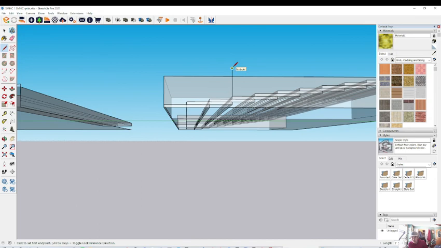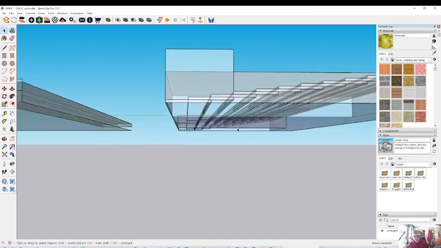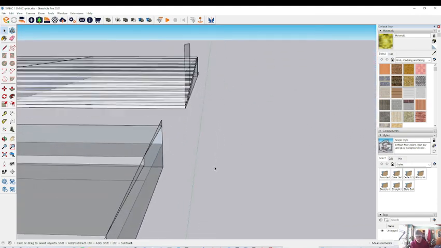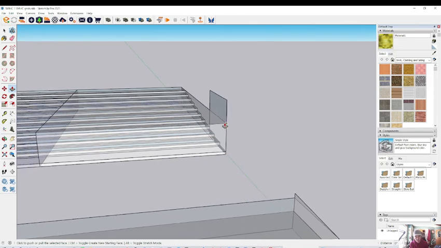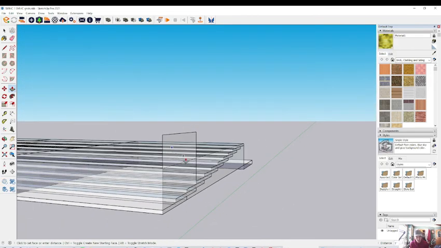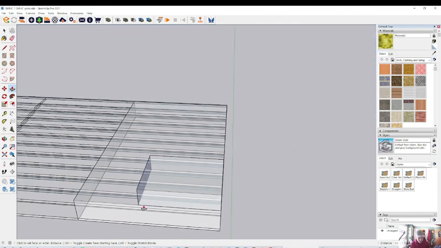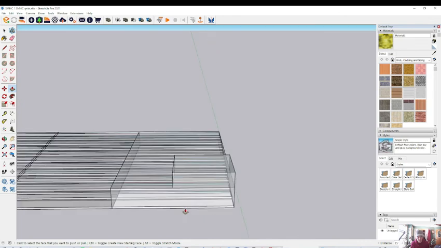Maybe I want that to extend another 4 feet. So then I can go like this, and then I can pull this in. And maybe I wanted that to be just to the center of this one.